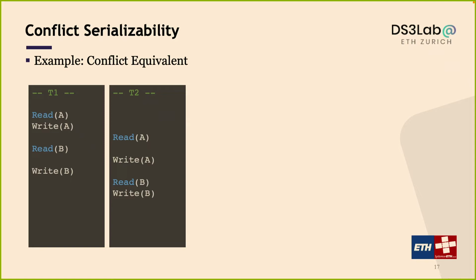How to do it? The way to do it is you can swap the order of adjacent non-conflicting operators. We know you can swap the order because there's no conflict, so swapping the order will not change the result. For example, I could take these two operators, read A from T2 and read B from T1. I know there's no conflict because they are both reads.